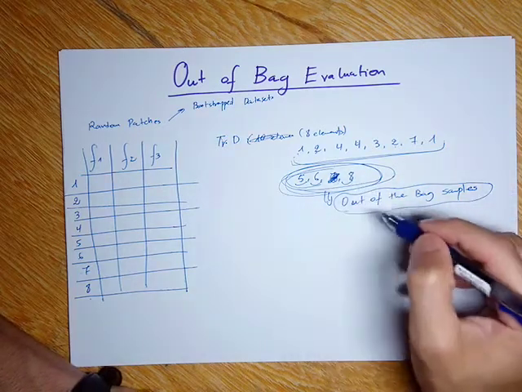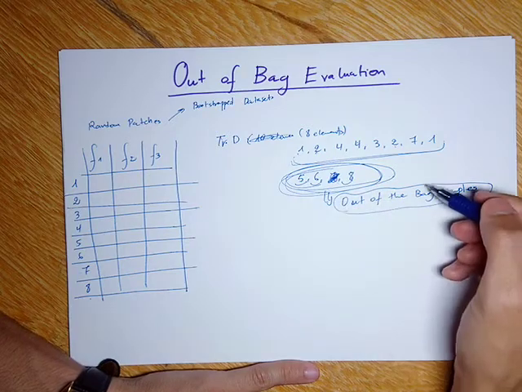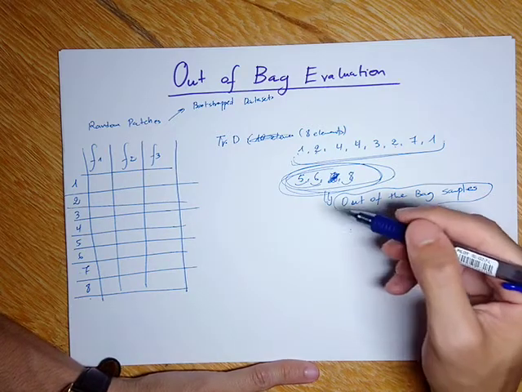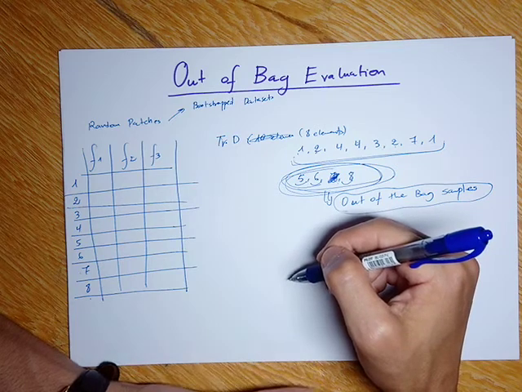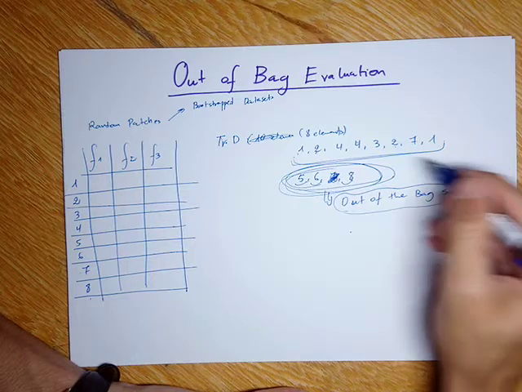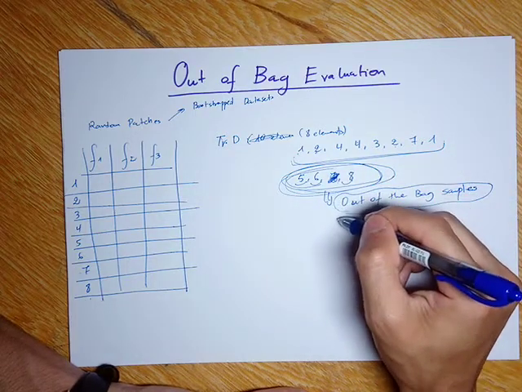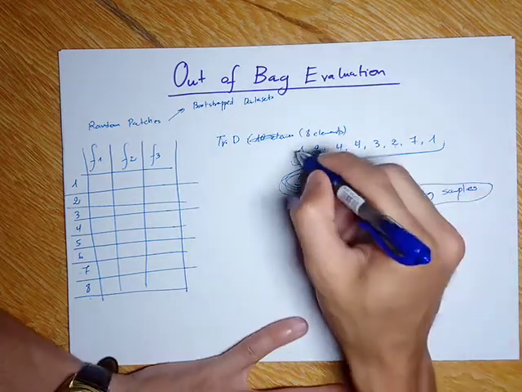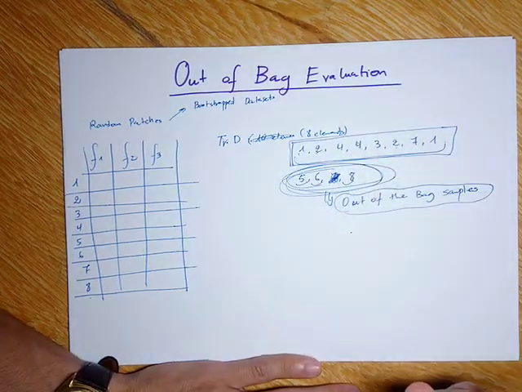In other words, out-of-bag samples are just the samples that I did not use to create my new training dataset or my bootstrapped dataset. And I can use these out-of-bag samples to evaluate the classifier that was trained with this bootstrapped dataset.